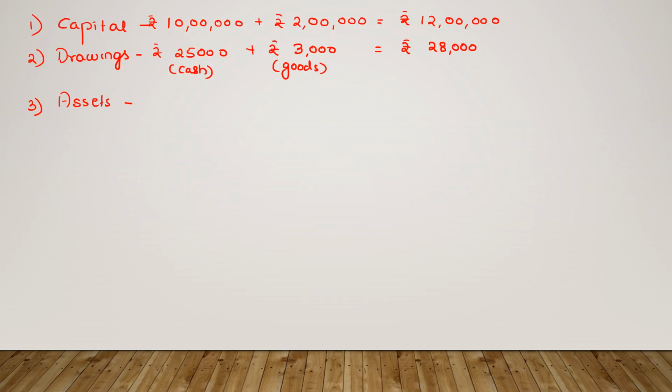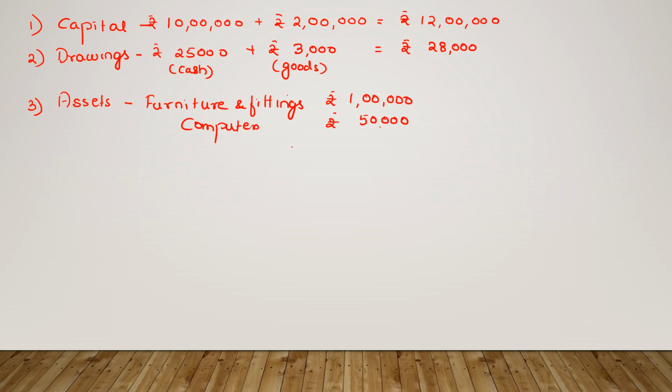So the assets that are going to come into her books are furniture and fittings, rupees 1 lakh, and computers, rupees 50,000.